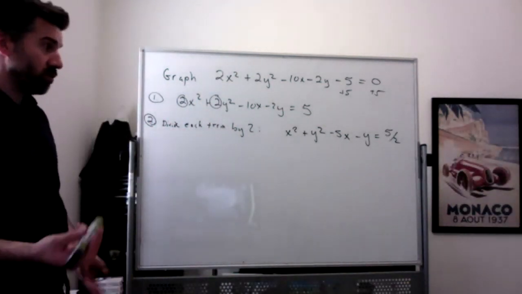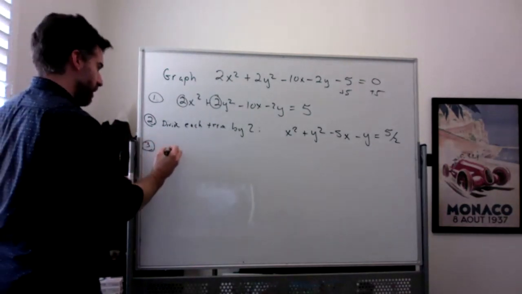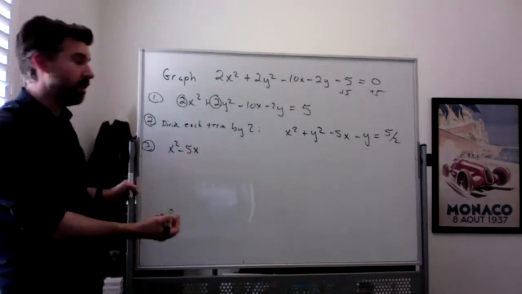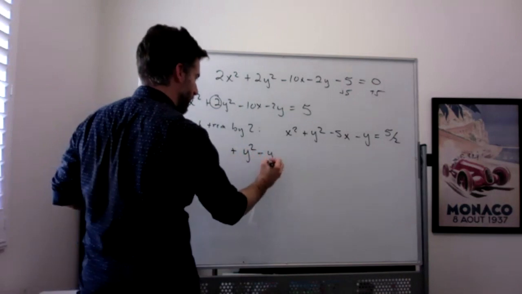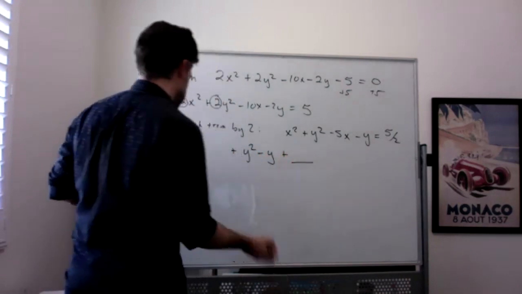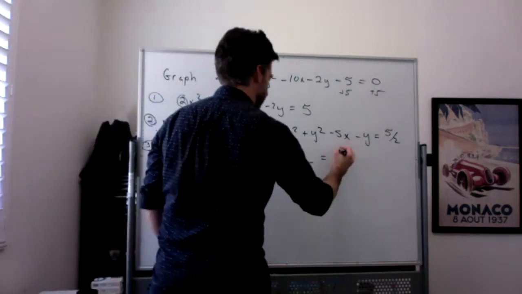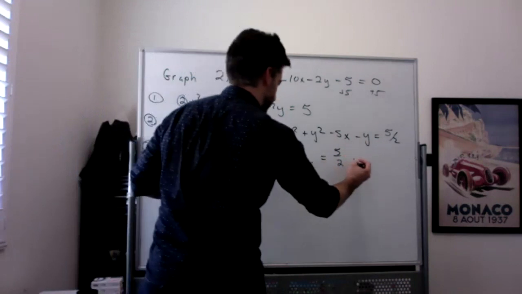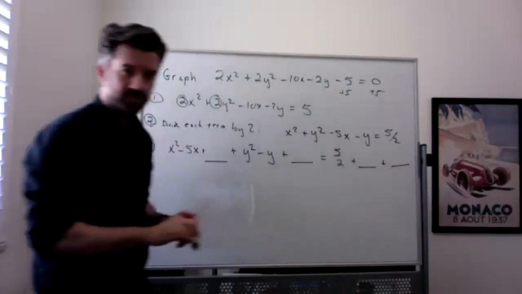So then we're going to group the x's and y's together. So I'm going to have x squared minus 5x, leaving myself some space to complete the square. I'm going to have y squared minus y, leaving myself some space to complete the square. And then it's going to equal 5 halves. Whatever I add here, I'm also going to have to add on the right side.